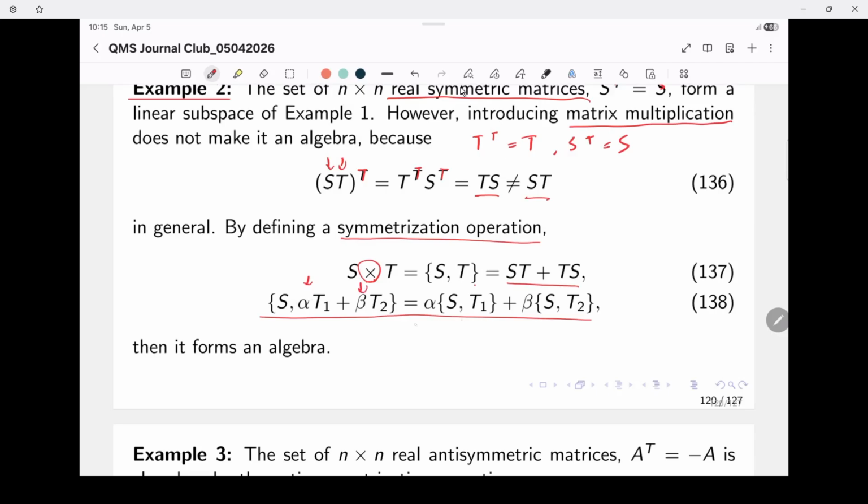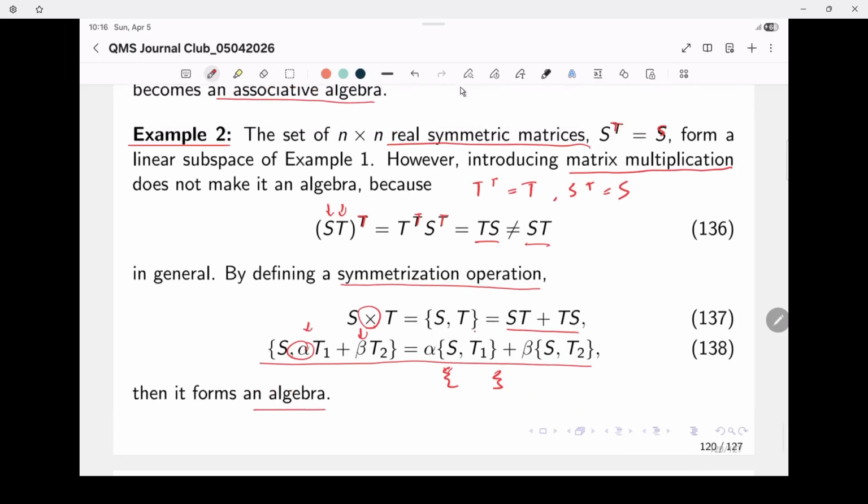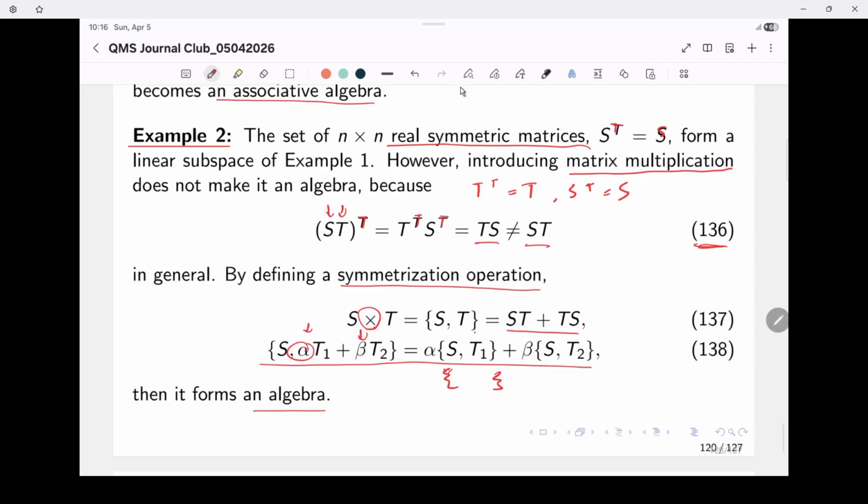You just factor out your field elements alpha, and then you perform this bracket inside. And if you try to test it out yourself using 1 to 7, then basically you can show that this thing will become this. So this is for you to show using this definition.